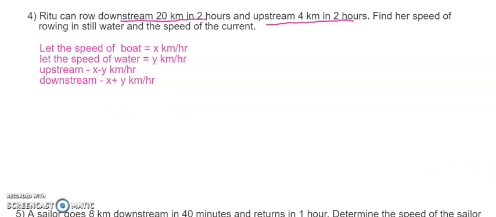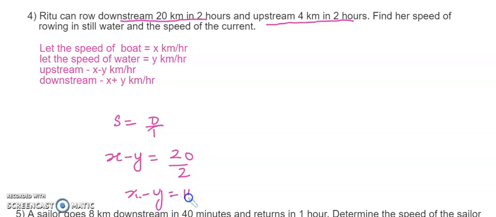The distance traveled is equals to 20 kilometers in 2 hours. So the speed is equals to distance upon time. Right? So x minus y is equals to 20 kilometers upon 2. Yes. So x minus y is equals to 10. Right? That is my first equation directly.